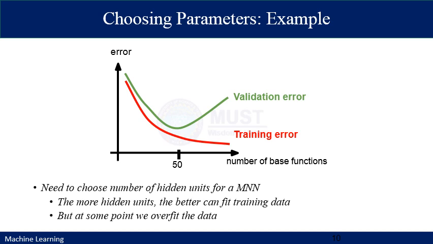But as the number of basis functions or the number of features increases, your training error is likely to decrease because it will be more able for a training algorithm to model the datasets with complex parameters.